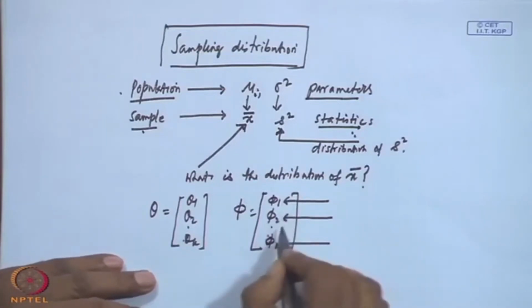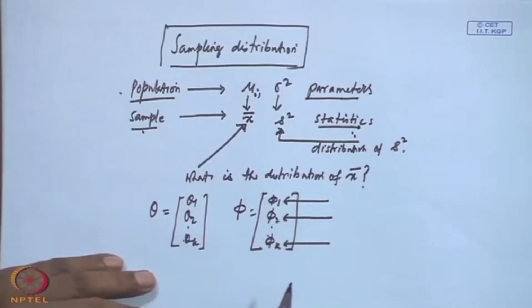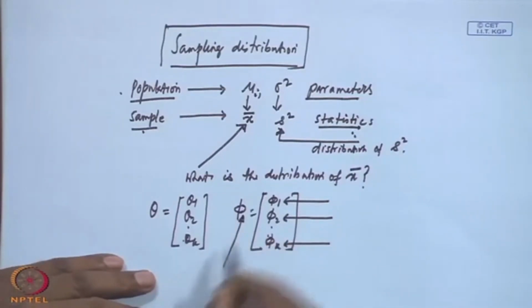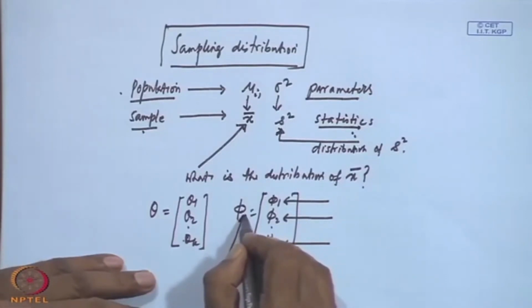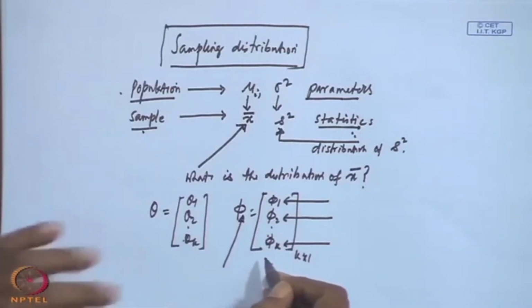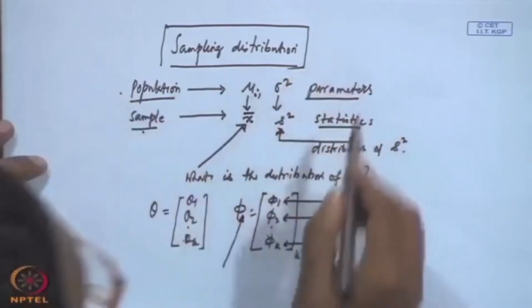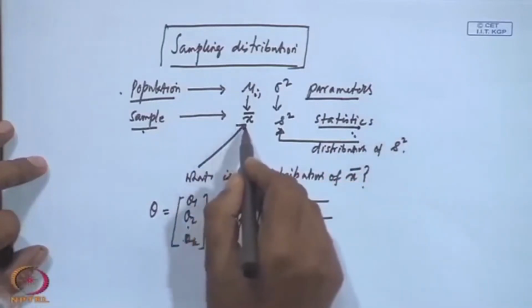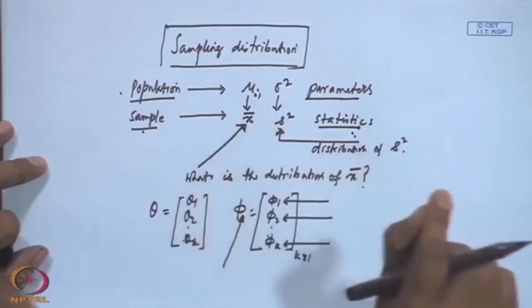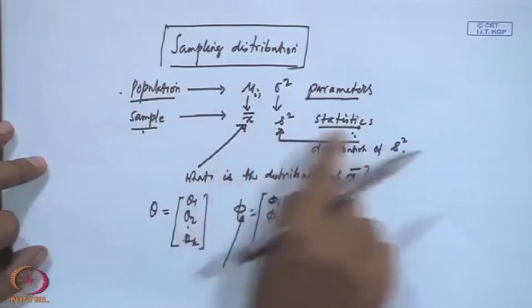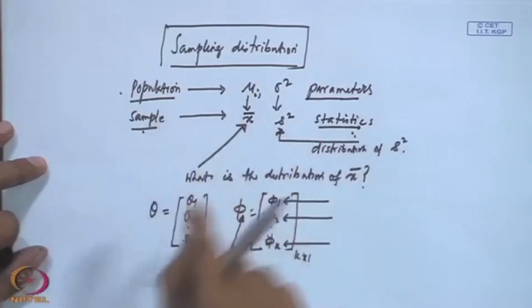It may be univariate, it may be multivariate. If you are interested to know collectively the distribution of this statistic vector, a k cross 1 vector, then it will be a multivariate probability distribution. Essentially, sampling distribution is a probability distribution, but you are talking about the distribution not of the variable characterizing the population, rather of the statistic computed from the sample.